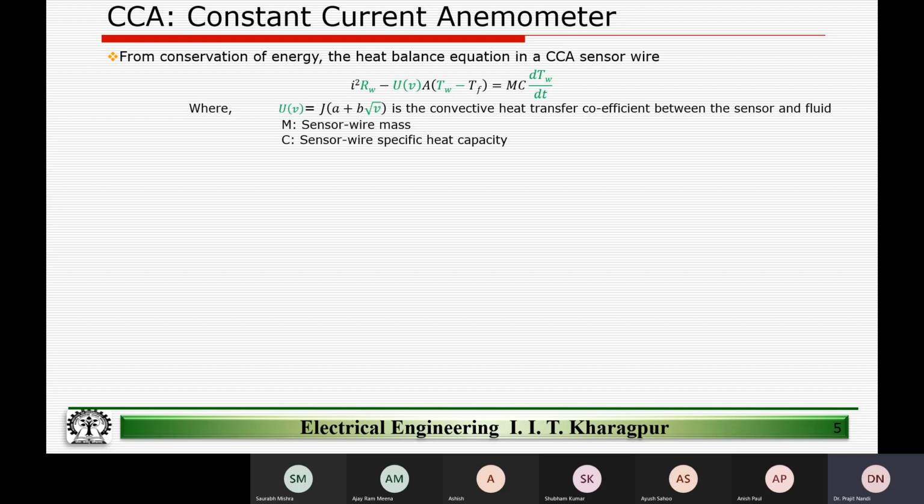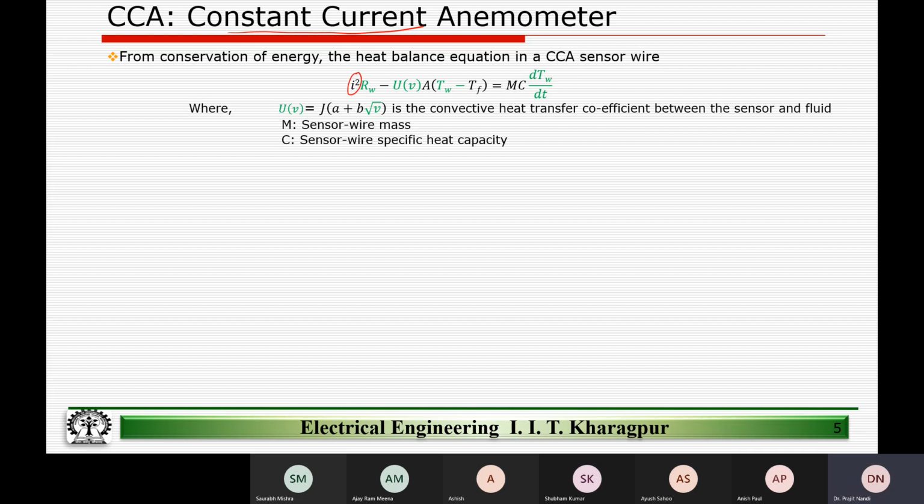Because we are not saying that the sensor has achieved a steady state value of the temperature. If you see here, in green I have kept the variables which are not fixed, not constant. Please note, I have marked this one as black because it is a constant, and it comes from the very fact that we are designing a constant current anemometer.